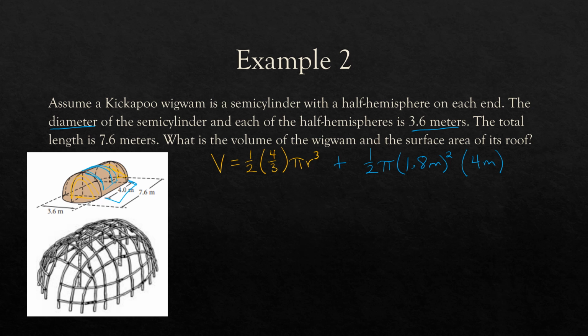So if we do the math here, you're going to have a pi on both sides. Oh, let me put in my r cubed. So 1/2 times 4/3 is going to be 2/3 pi, and again our r is the 1.8. And then we'll be adding the half a cylinder.